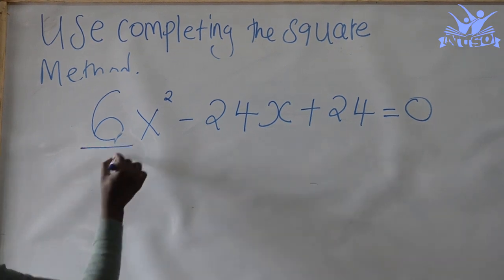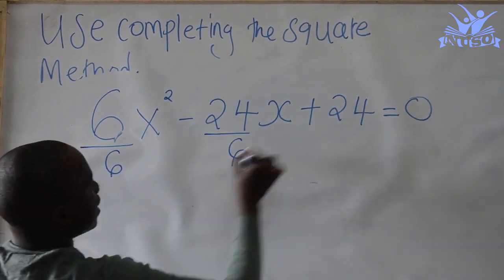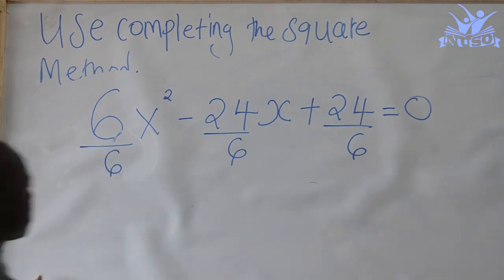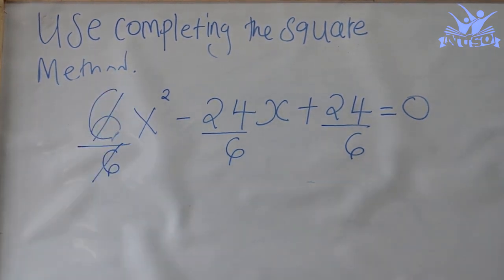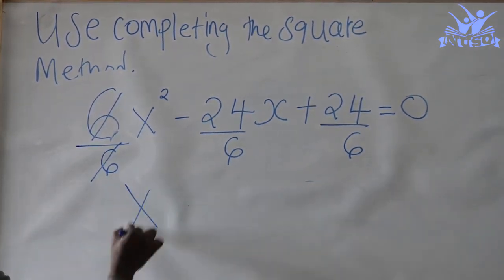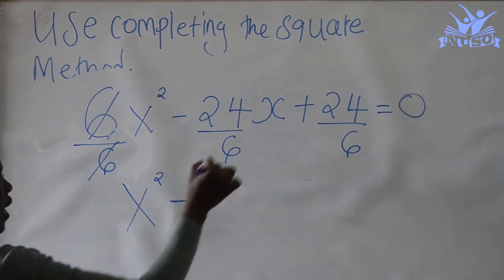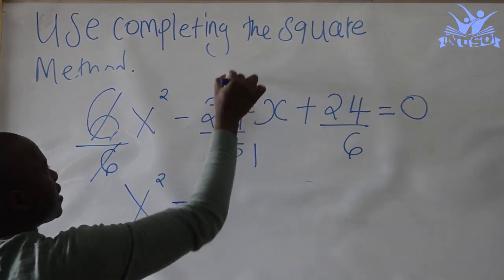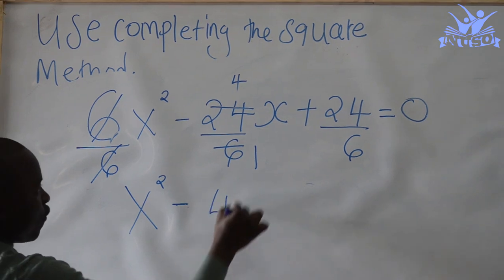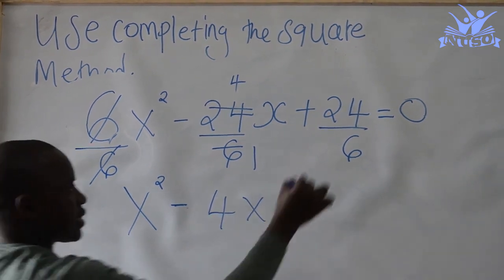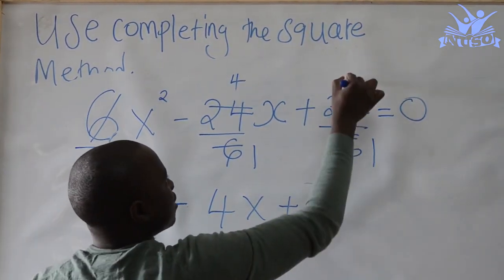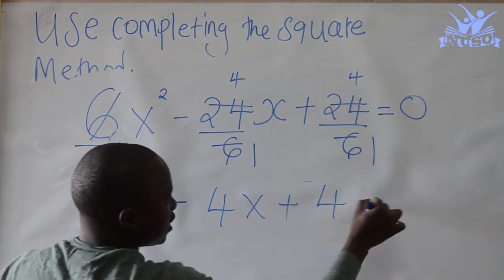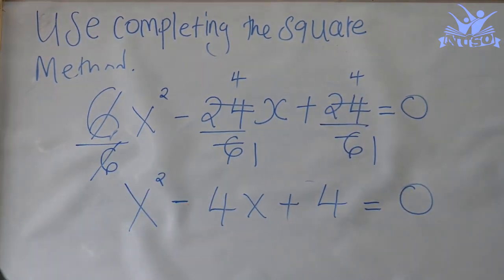So this 6 and this 6 will cancel out. You'll be left with x squared minus 4x plus 4 is equal to 0.